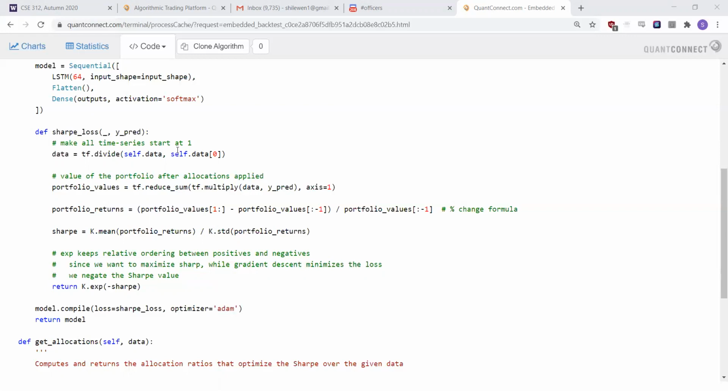It divides all these values by A, divides all these values by B, divides all these values by C, and divides all these values by D, each individually. And so what that does is it basically simulates us buying $1 of each.